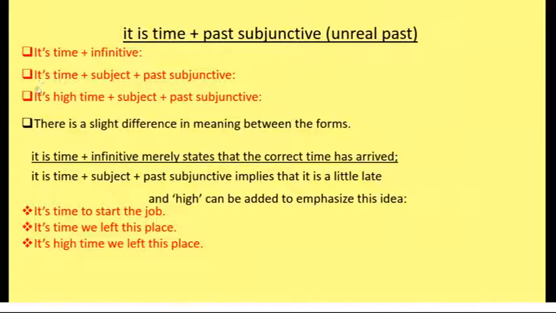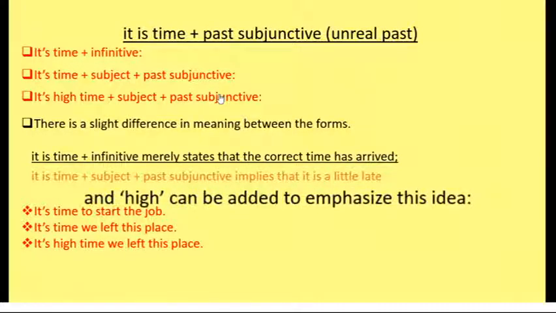Our second structure is, it is time plus subject plus past subjunctive. When we use this structure, we want to mean that it is a little late. And our third structure is, it is high time plus subject plus past subjunctive. By using this structure, we want to mean that it is a little late and the delay is emphasized by using the word high.